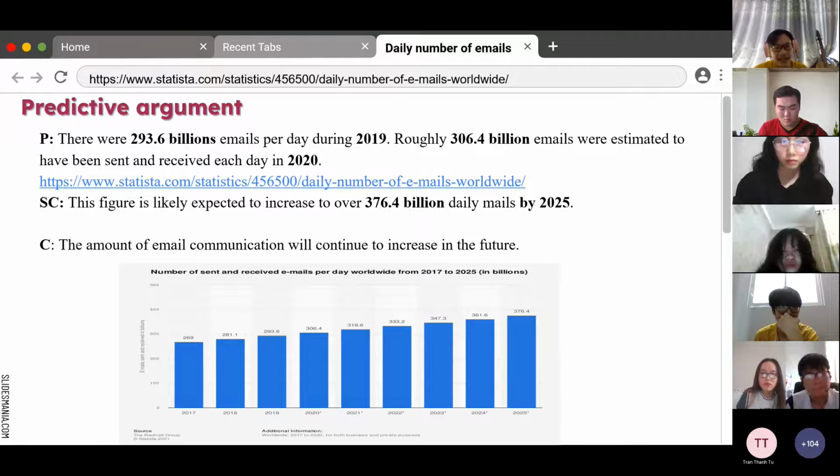It's a steady and continued increase over the years. That's the basis as well as the reason for us to predict it will continue to increase in the future.